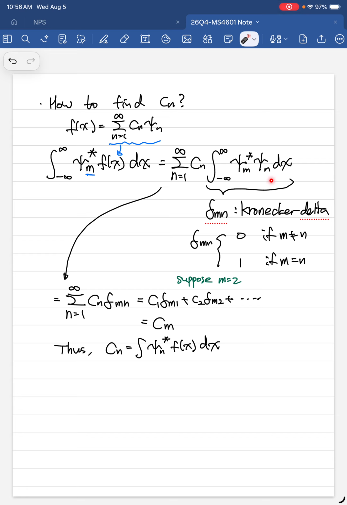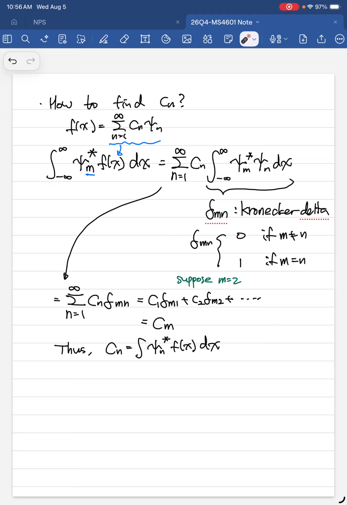And this one is essentially a Kronecker delta, and this can be proven. This is actually one of the homework problems that will be given to you, and it turns out this integral is simply the Kronecker delta.